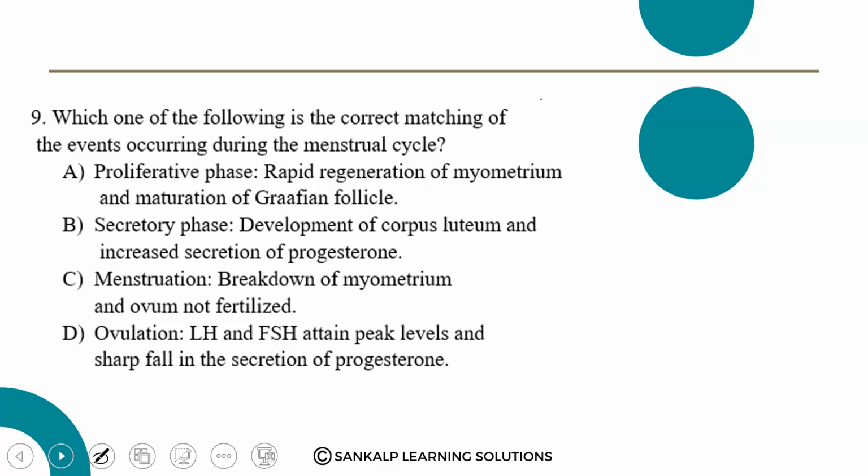The right answer is option B. That is secretory phase, development of corpus luteum and increased secretion of progesterone occurs during secretory phase of menstrual cycle. Okay, so just write down the question and the correct answer, and then let me know. Be fast.